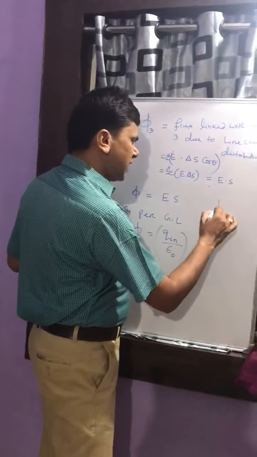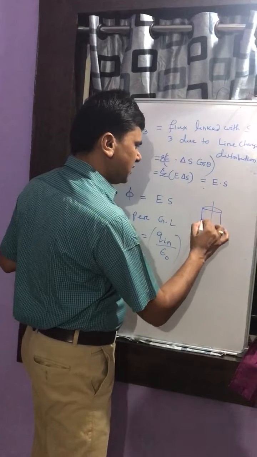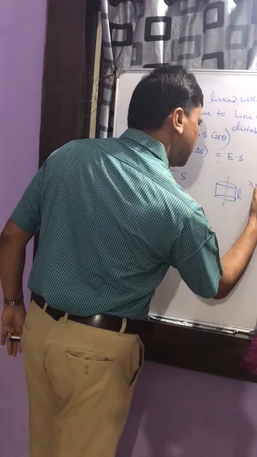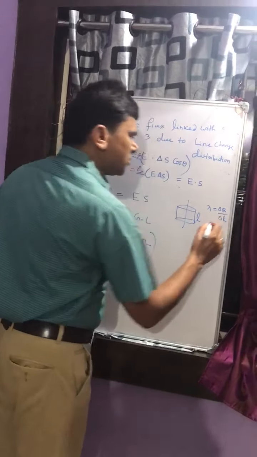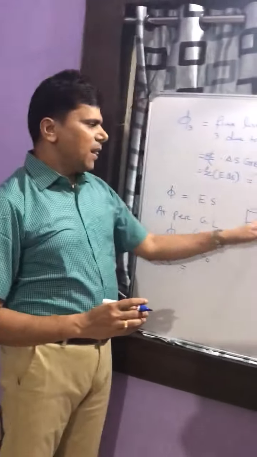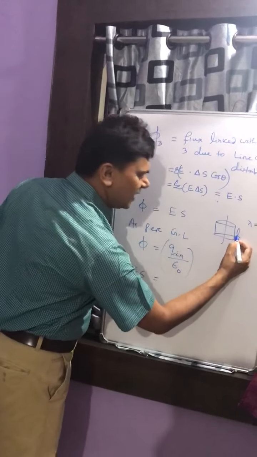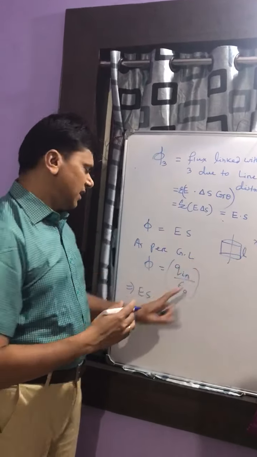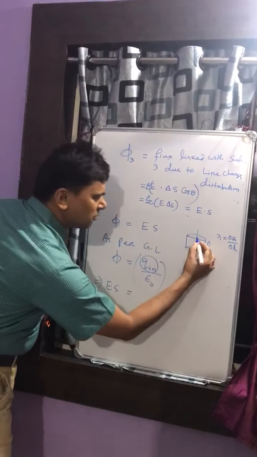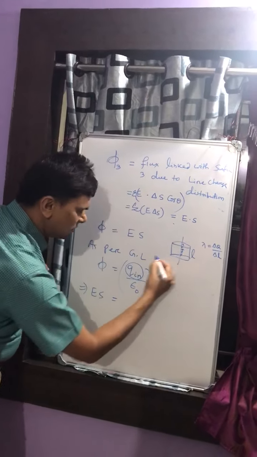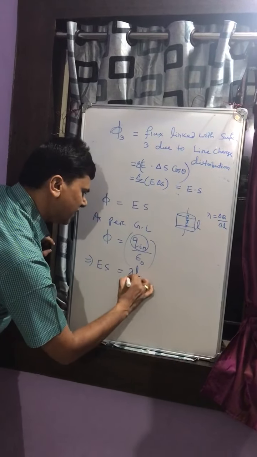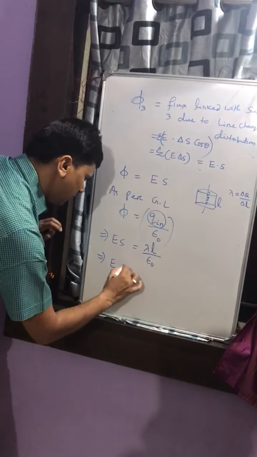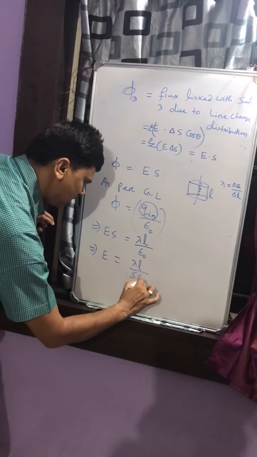We have taken the Gaussian surface like this, so the length is L. Here lambda equals delta Q by delta L, so delta Q will be lambda into delta L, and when you take L in place of delta L, the charge within this will be lambda into L. So Q in, the charge inside this region only, will be lambda into L, and phi is lambda into L by epsilon 0. Then E will be equal to lambda into L by S epsilon 0.